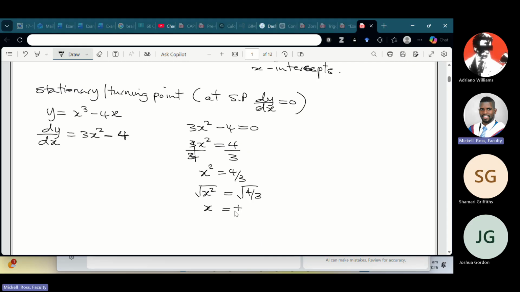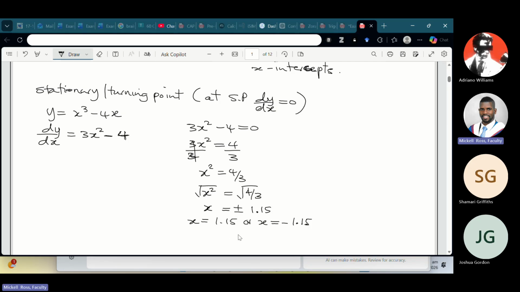It is going to be plus or minus 1.15. All right, so that means x is either equal to 1.15 or x is equal to negative 1.15.